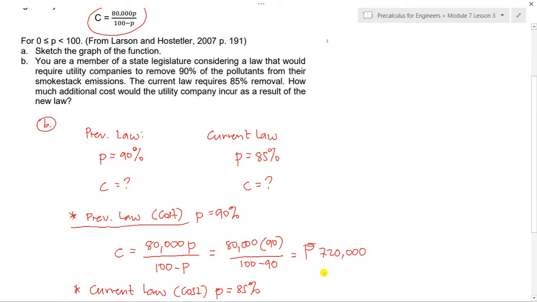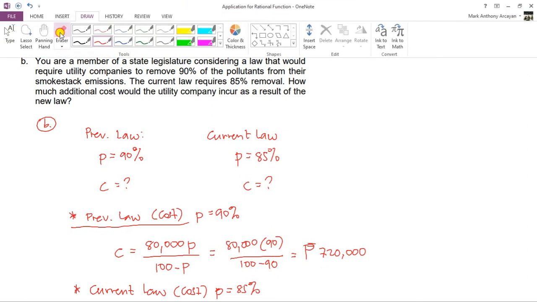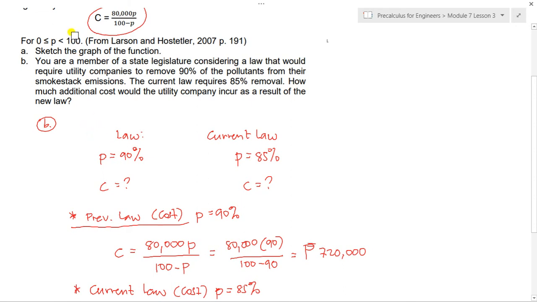Actually, this is not the previous law. Sorry class, this is the new law.